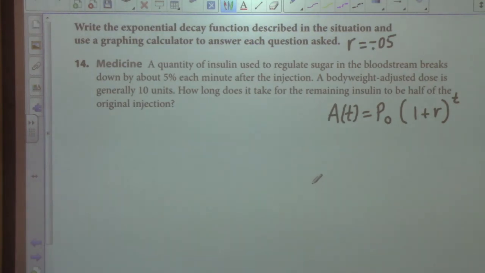Yep, let's do it. So we have A of t equals 10, body weight adjusted dose, times 1 minus 0.05 to the power of t.